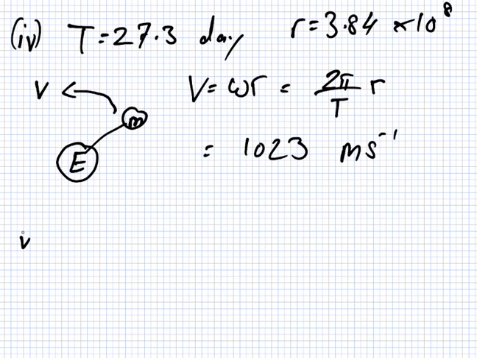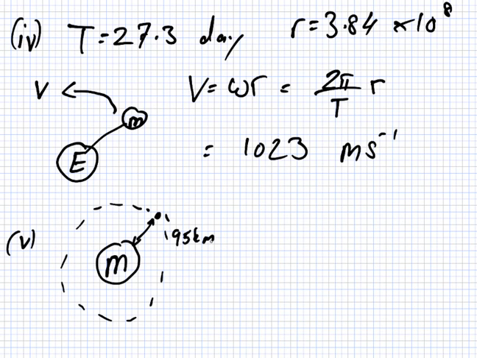Okay. A spacecraft is put into an orbit around the moon. So there's the moon again, but here is my spaceship going around the moon. And the mass of the spaceship is, no, we want the time. Okay, and we know the distance here is 95 kilometers. And we know the radius of the moon is 1740 kilometers.